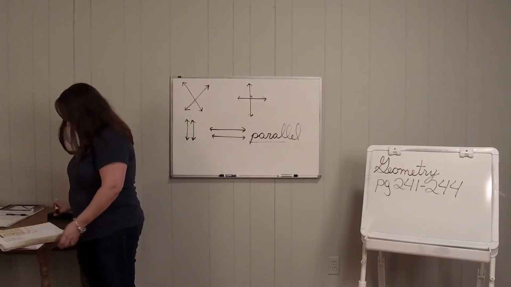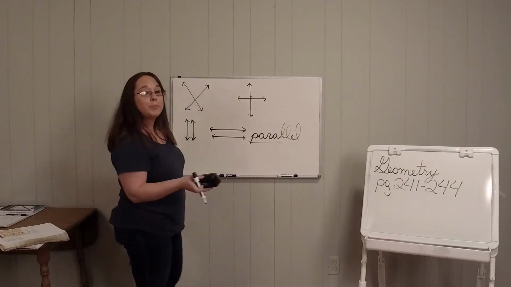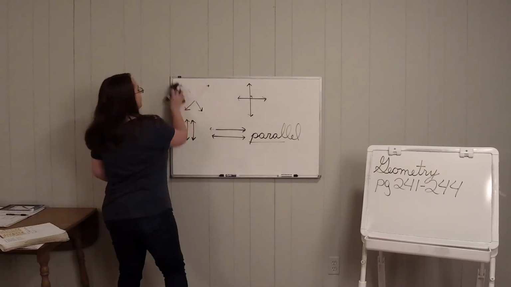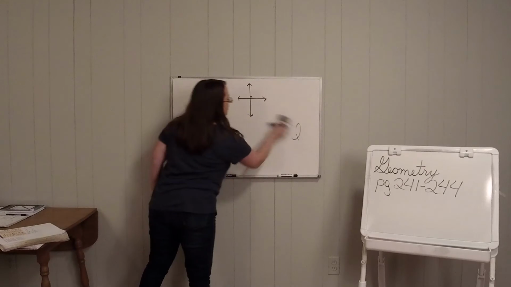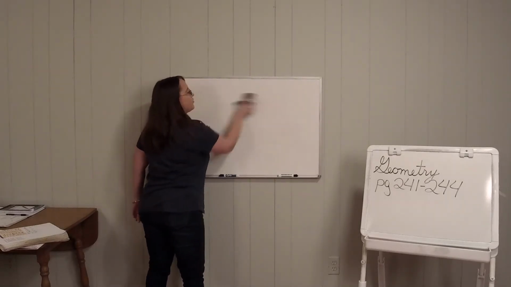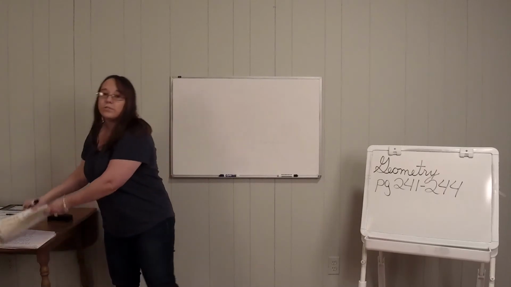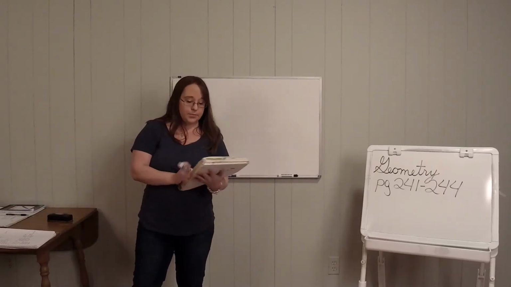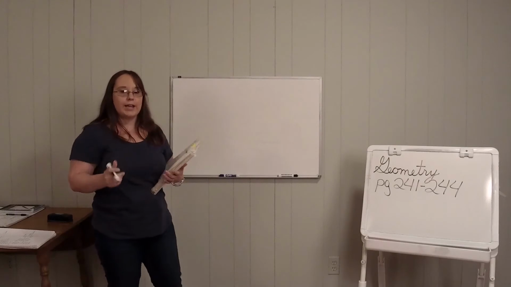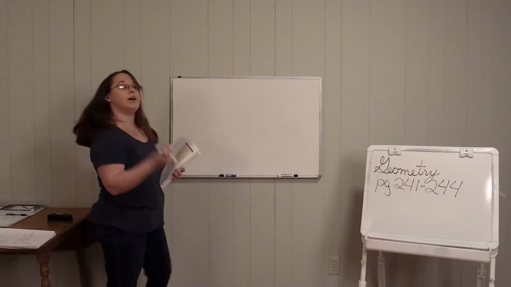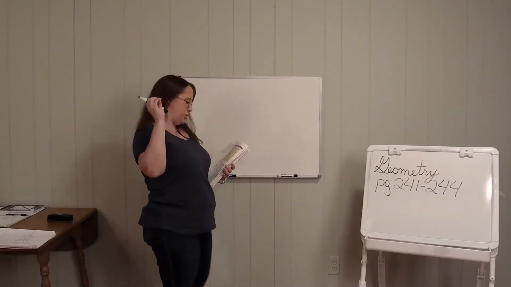Now if you would turn to your math book on page 243, we're going to talk about the different shapes in geometry. Most of you should know a lot of these shapes. Now for geometric shapes, it has to be a closed shape.